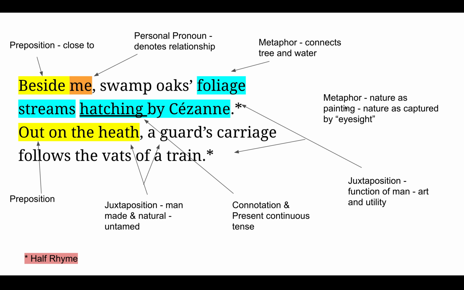So Cezanne is a painter and he captured what he saw, and now he's using that metaphor of a painting to capture what he's seeing. Now that ties into the first stanza where it says barely contained by the eyesight, because here he is directly saying that this is something, a painting, which is something captured by the human eye.